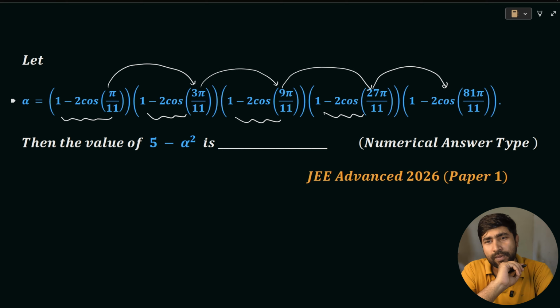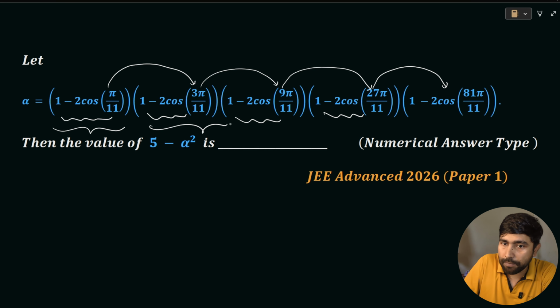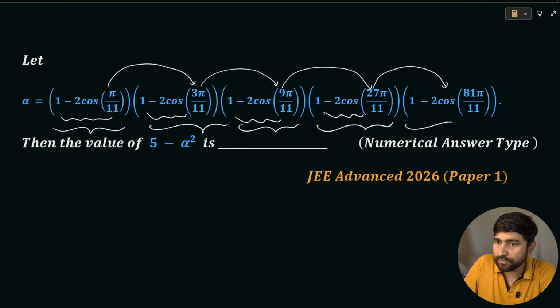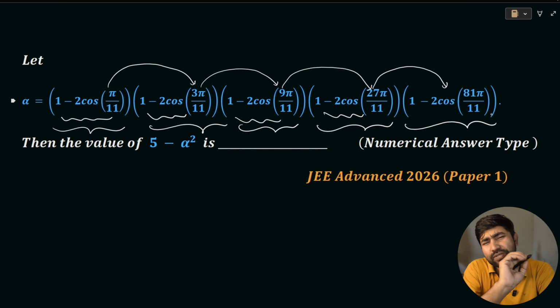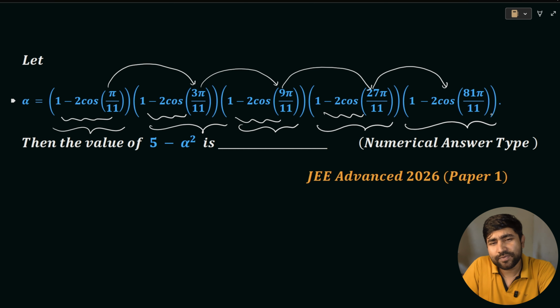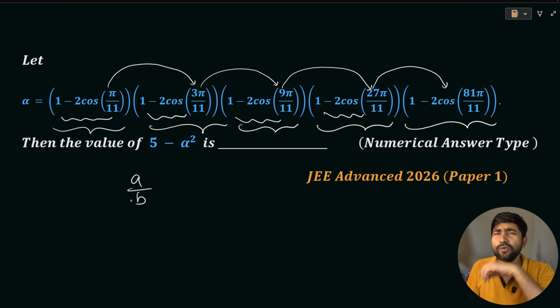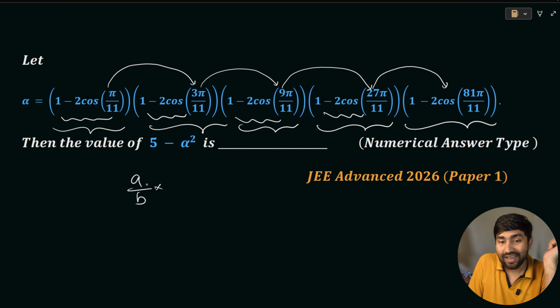Okay, then what will we do with this particular pattern? Another thing is that all these terms are in multiplication form. If somehow we are able to replace these terms with some ratio terms like a upon b, then all these terms will come into some simple form like a1 by b1, a2 by b2, a3 by b3, like that.